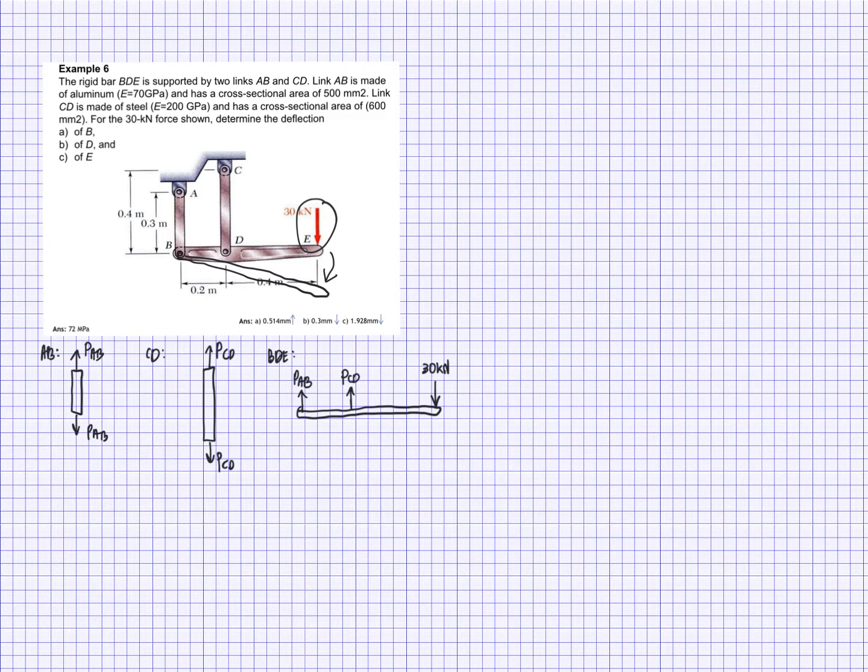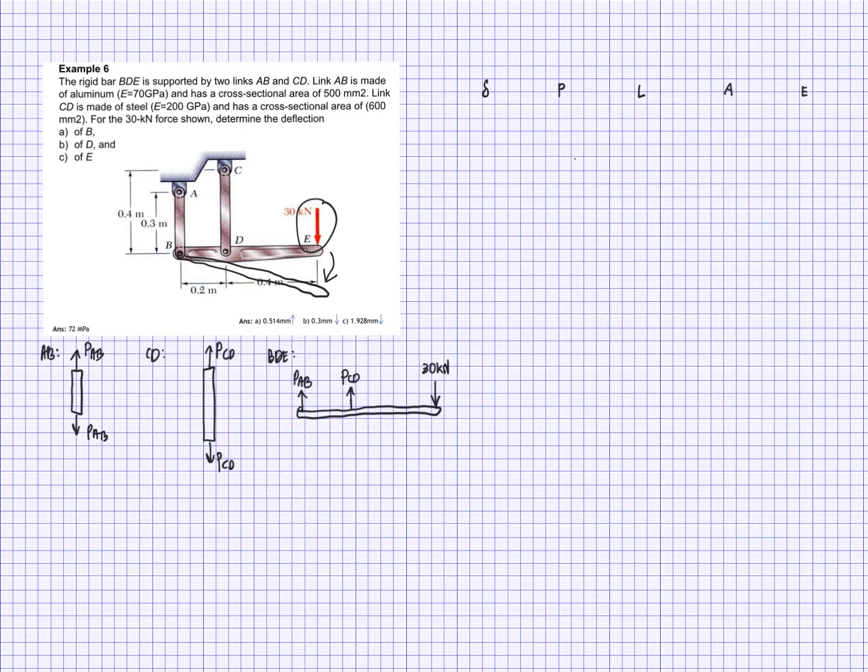As you can see here, we have PAB upward, PCD upward, and 30 kilonewton of course downward. This relates to statics, since we take out the two-force member, the direction should be opposite, right?